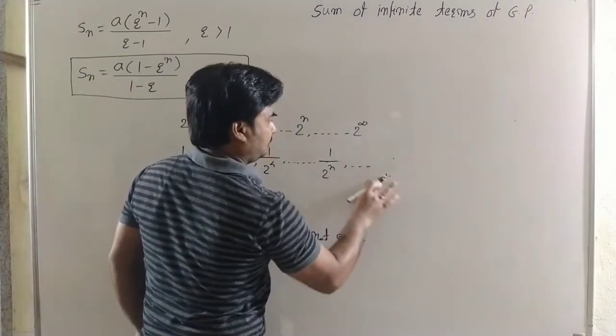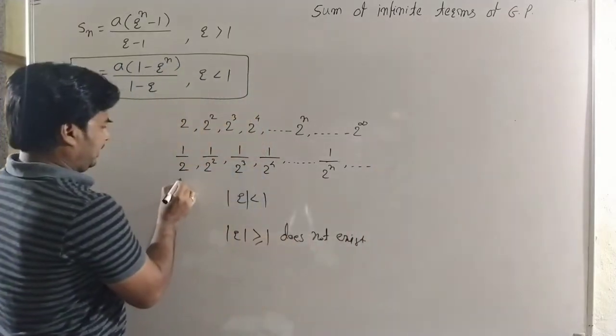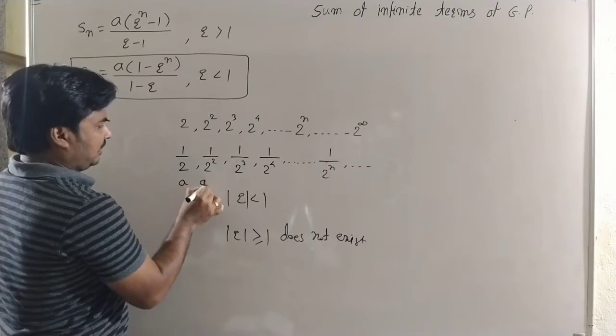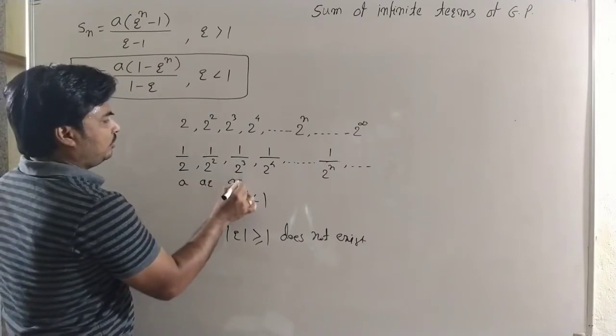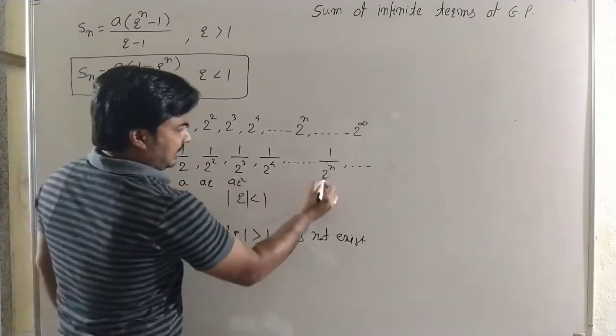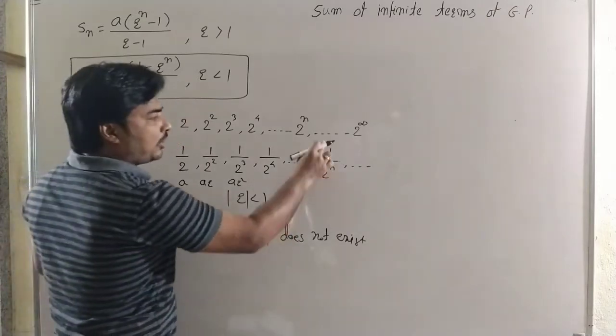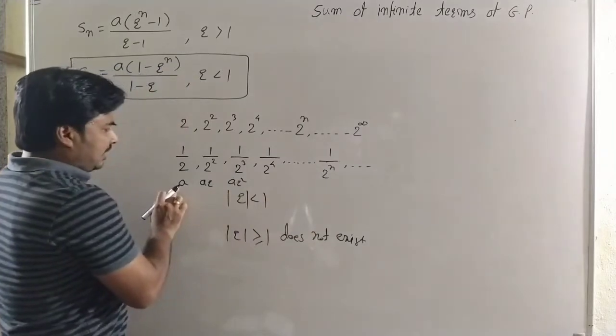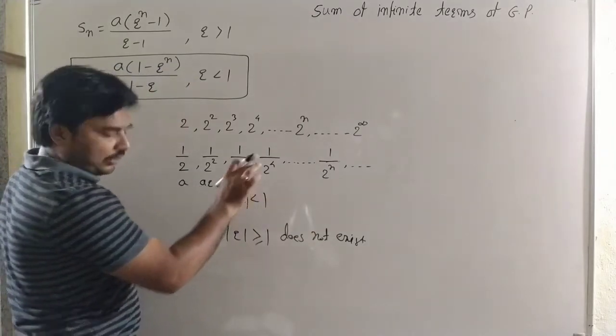We can write the first term a, the second term a into r, then a into r squared, like that. The nth term is a into r to the power n minus 1, then a r to the power n.